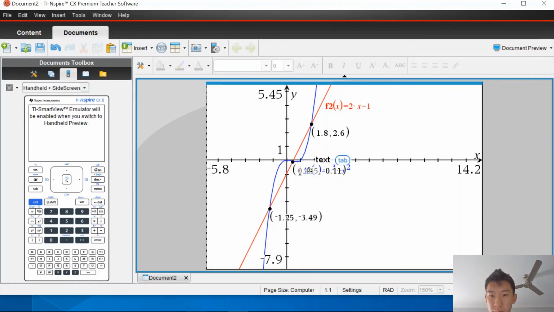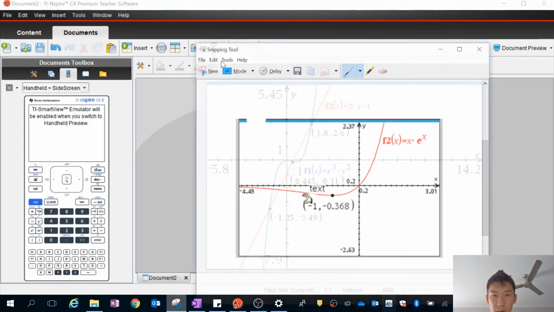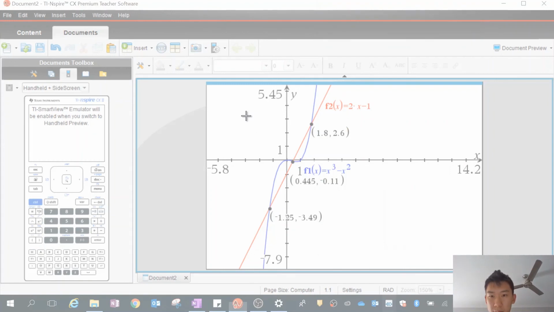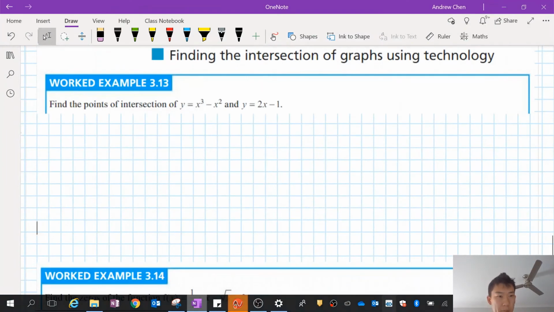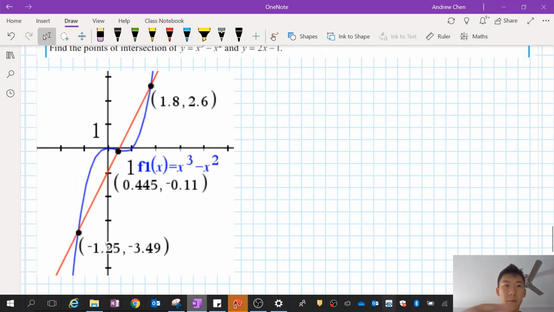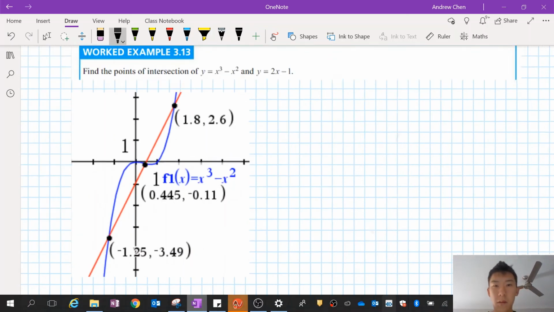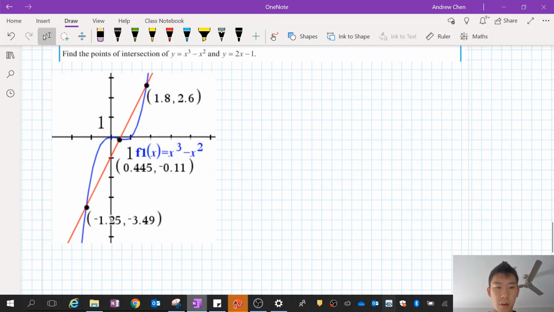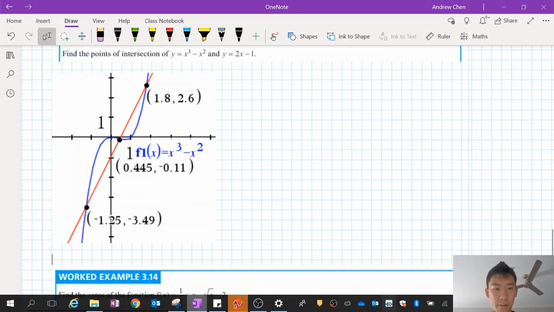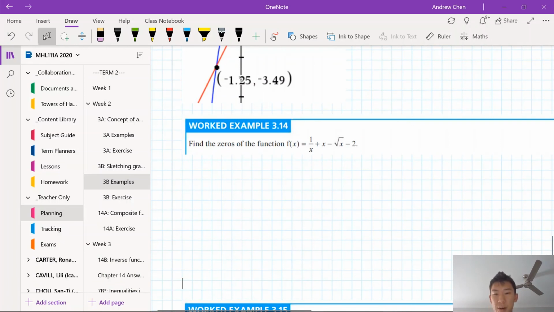And there's our third one. It's a little bit messy, but we have all our points now. So let's just clip this in and answer the question. Alright, so our intersections are, well, they're on the screen, so there's no need for me to rewrite it. Alright, done.